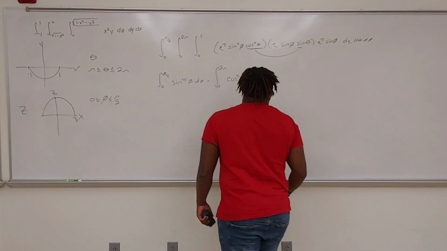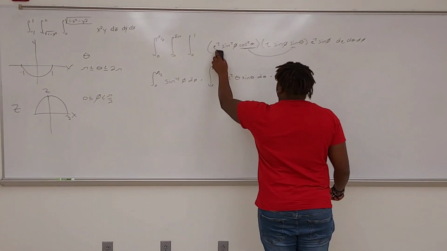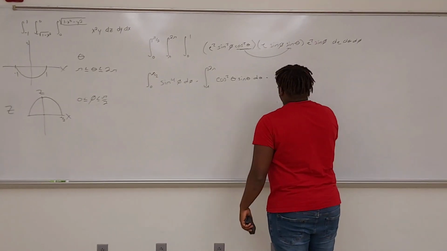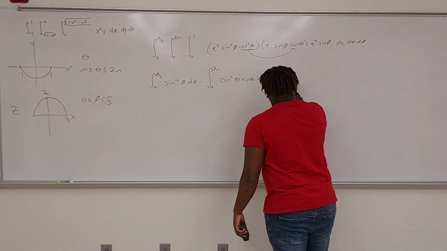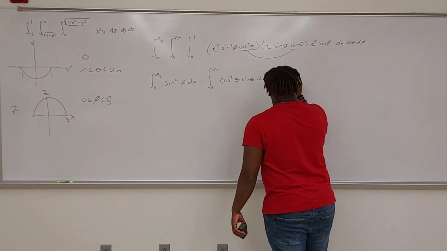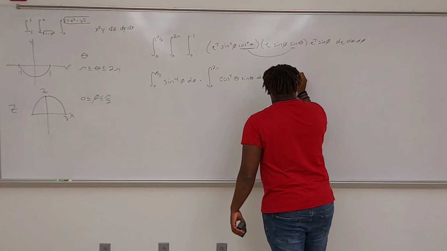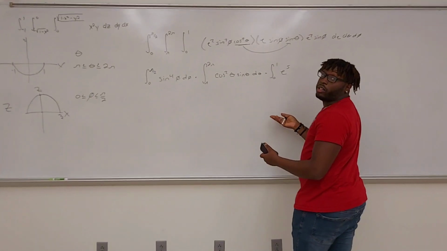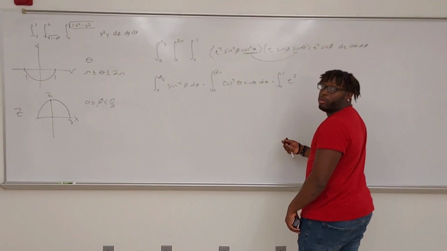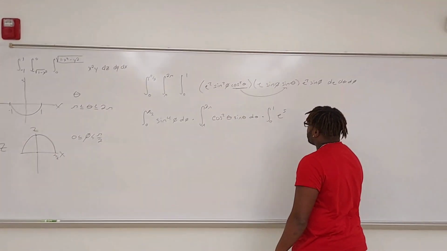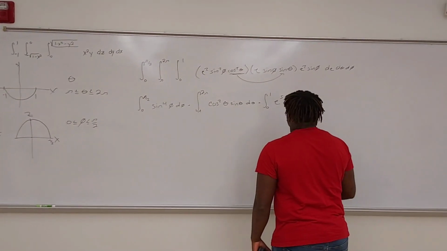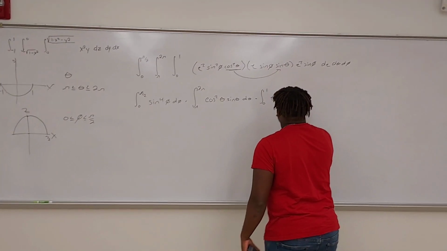Then next we have the rho. So we have rho squared, rho again, then rho squared again. So all that will be a 0 to 1 bound, rho to the fifth, d rho.